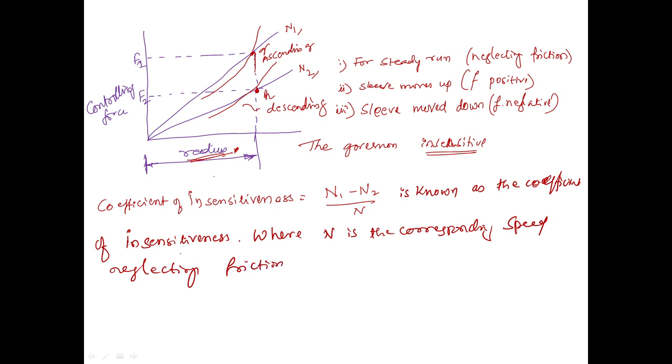Or you can write it in the form of mean speed: n1 minus n2 divided by (n1 plus n2 divided by 2), which equals 2 (n1 minus n2) divided by (n1 plus n2).